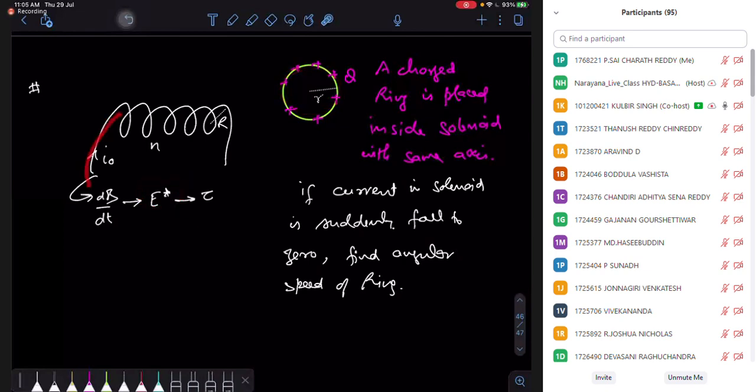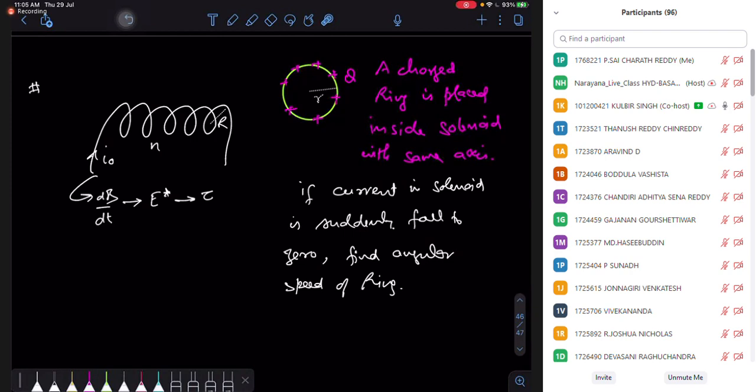So inside the current we have moving charges, and these moving charges move the ring charges. The charges in the wire move the charges on the ring. That is the overall phenomenon, right?